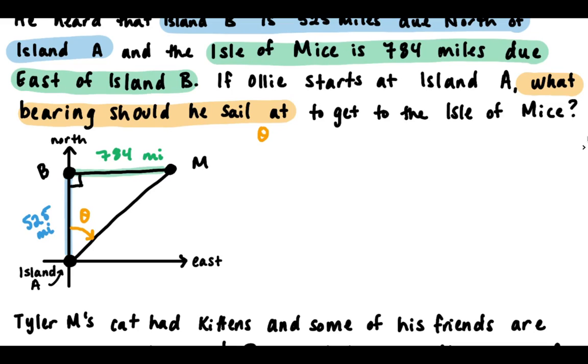Okay, so we've got our map, and we have our sides labeled. Now we're just in lesson 6.3, solving for a missing angle. So let's set up our problem. What do we have and what can we use? For theta, it looks like we have the opposite side and the adjacent side.